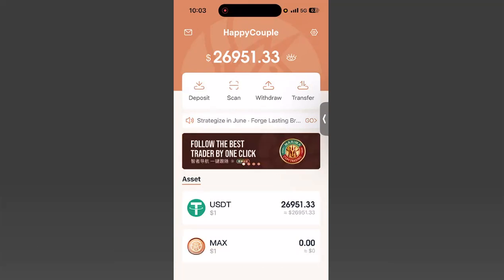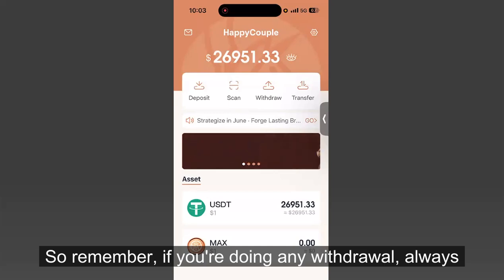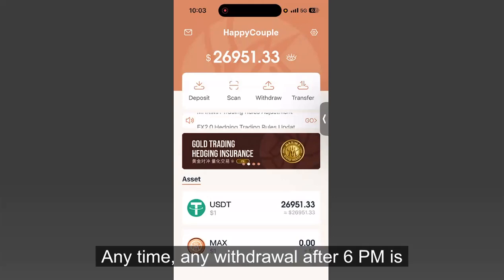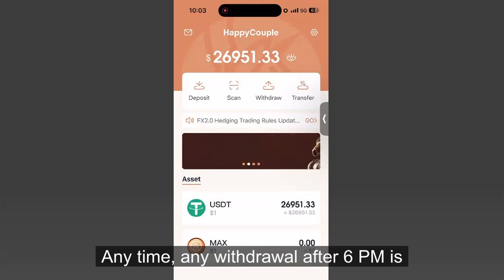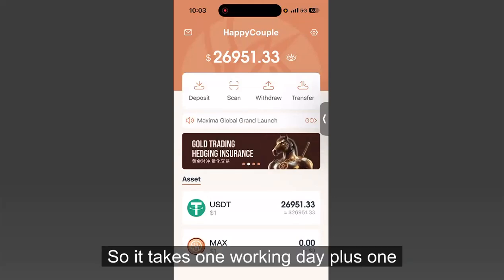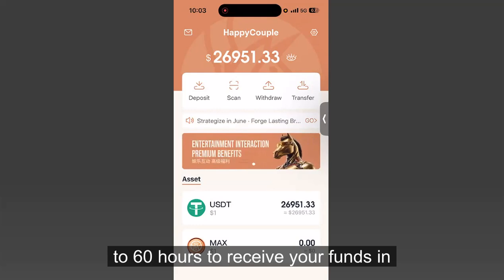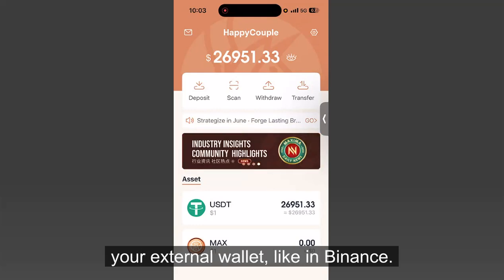Okay, simple as that. So remember, if you're doing any withdrawal, always do it before 6 p.m. Singapore time. Any withdrawal after 6 p.m. is considered another day. So it takes 1 working day plus 1 working day, total 2 working days, 48 to 60 hours to receive your funds in your external wallet, like in Binance.